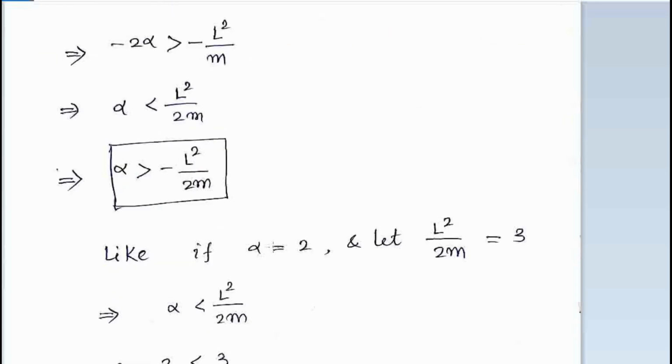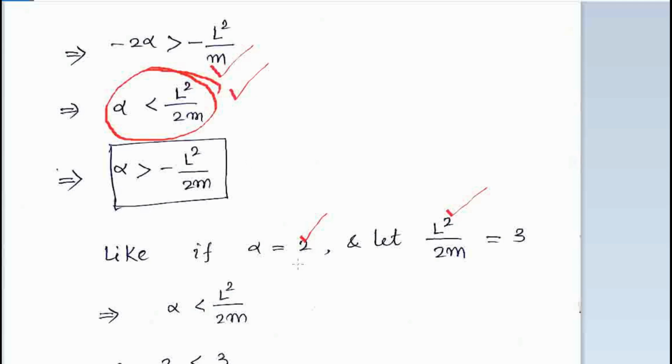Okay, if you do not understand, let's see. I have considered that alpha equal to 2. You see only this part, only focus on this part. Here I have taken alpha equal to 2. Let's say L square by 2m equal to 3. So 2 is smaller than or equal to 3. You put this value of alpha and L square by 2m in this part.